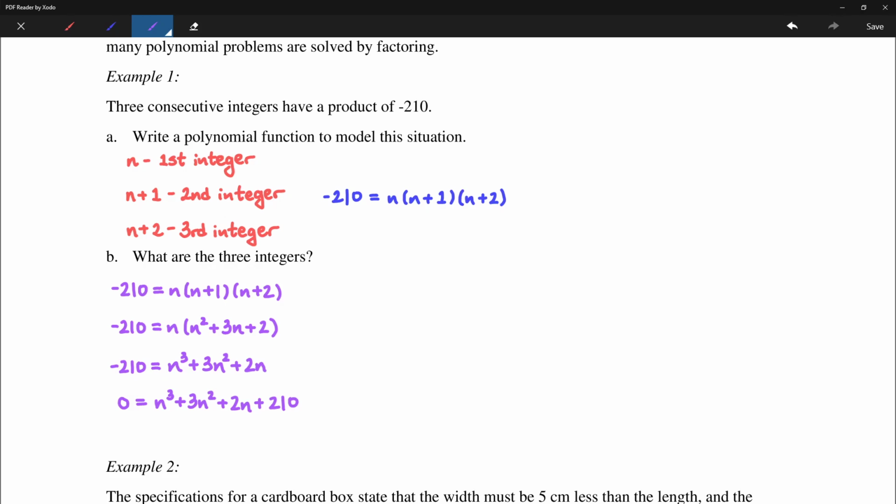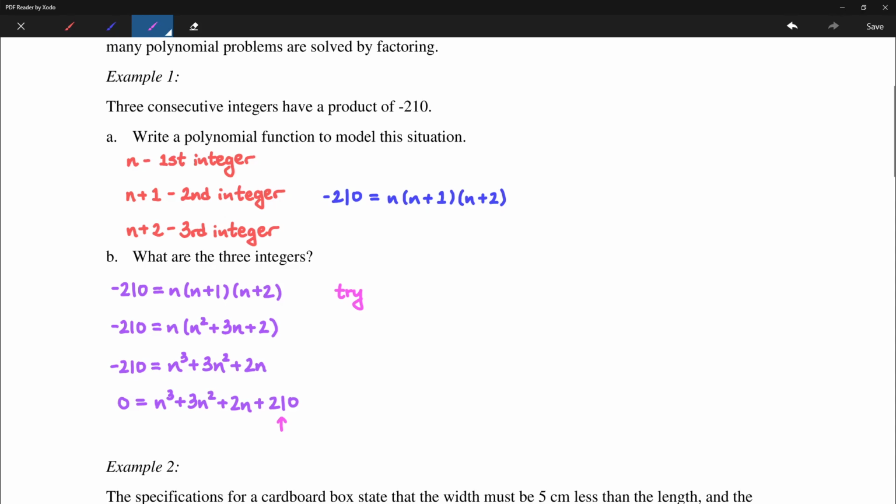Okay, so in order to factor this polynomial, we can try something. Of course, there's a lot of different numbers to try here. If we're looking at the integral zero theorem, any factor positive or negative of 210 is a possibility.